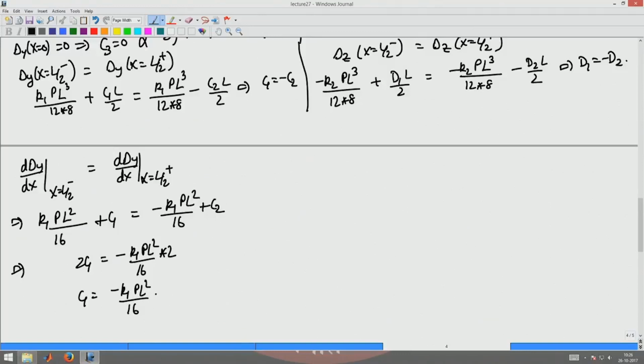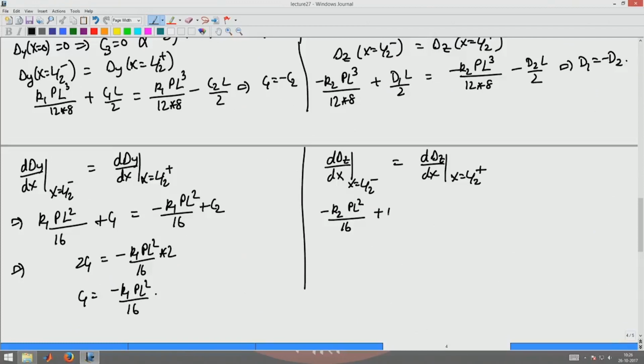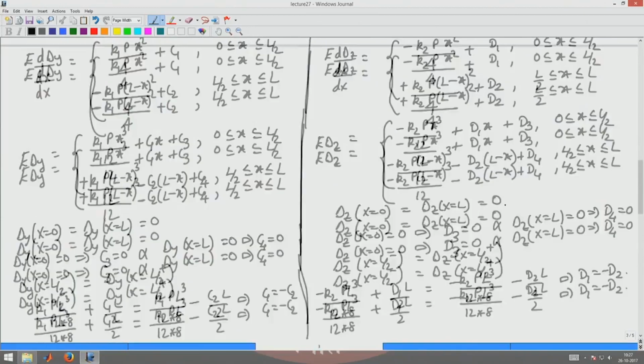Okay. Similarly, applying the condition here, d delta z by dx at x equal to L by 2 minus must be equal to d delta z by dx at x equal to L by 2 plus, you will get minus K2 P L square by 16 plus d1 must be equal to K2 P L square by 16 plus d2. Here the sign differs because there is a negative sign in here.